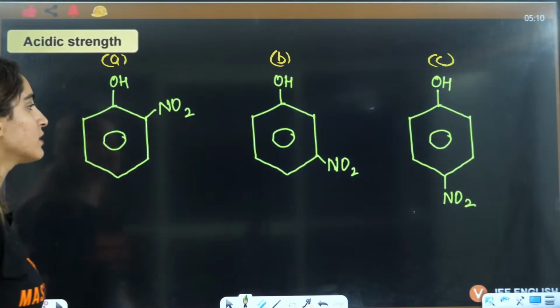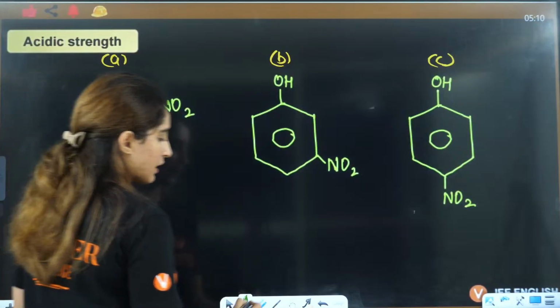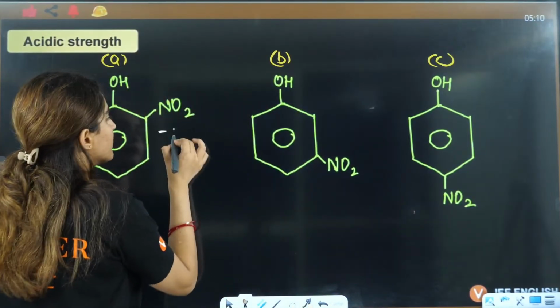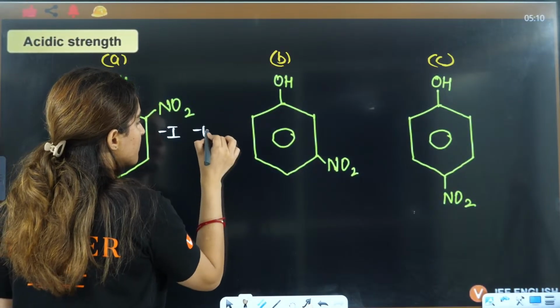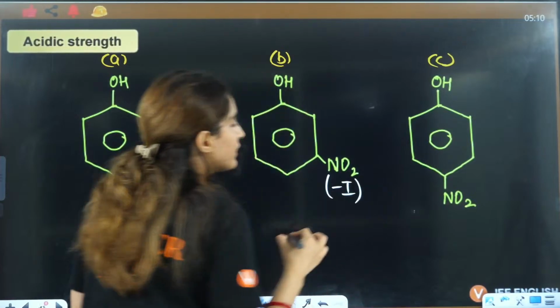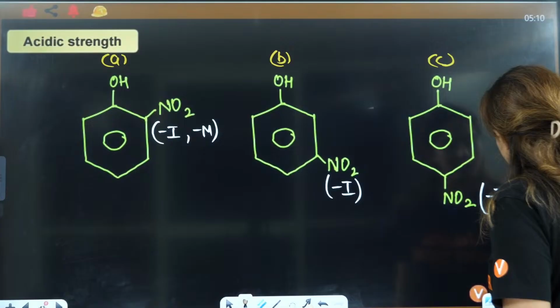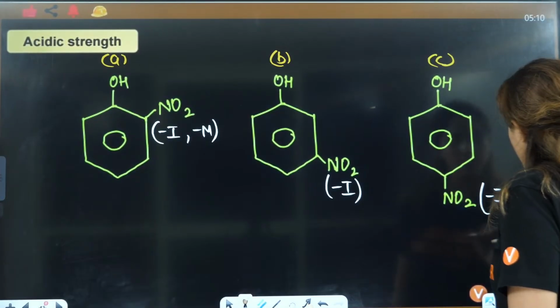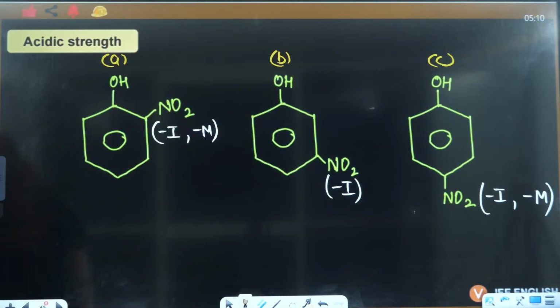If you see this here, the NO2 group shows which effects? Minus I and minus M, right? Both are minus. Here at meta only the inductive effect is shown. At para, minus I and minus M both are shown. So even if one of them is dominating, it doesn't matter, it is overall electron withdrawing only, right?